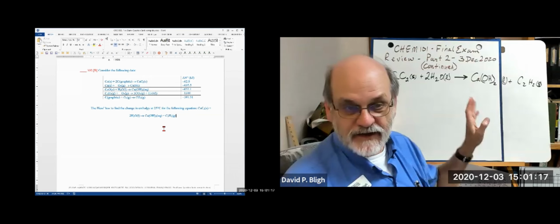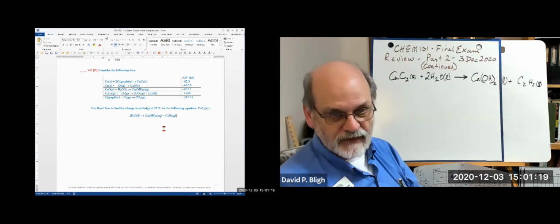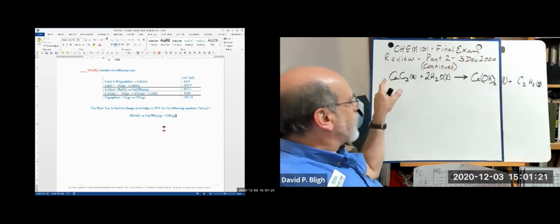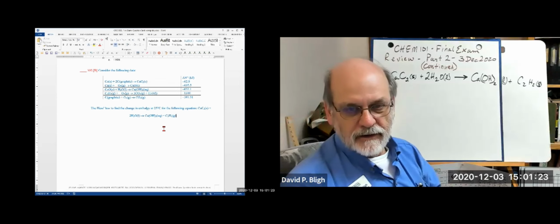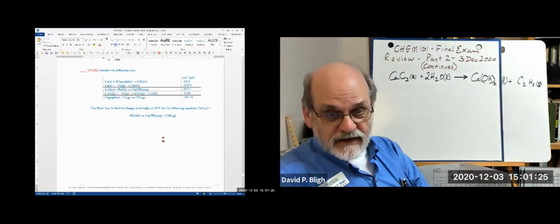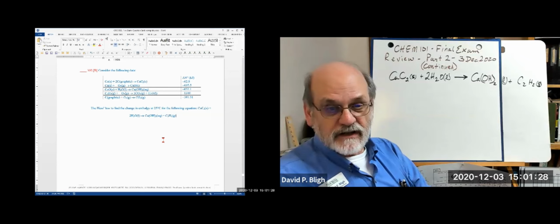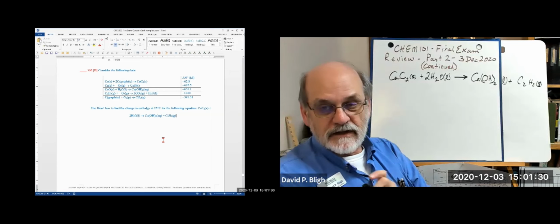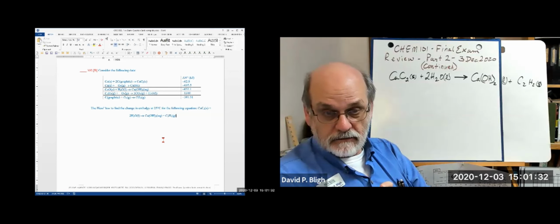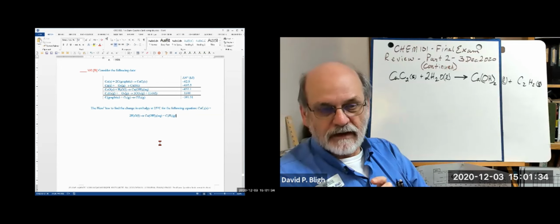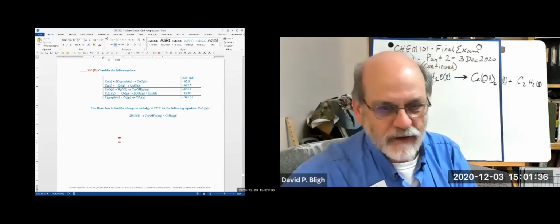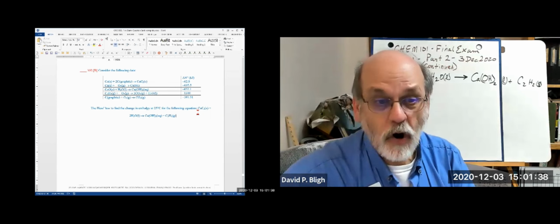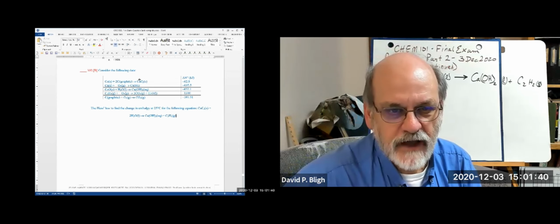But we want to write this in terms of Hess's law. All right, so calcium carbide. The determination in here is to find out the enthalpy change, the delta H. So let's find one for calcium carbide. There's calcium carbide.